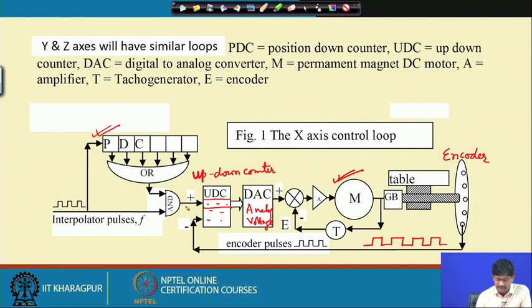So, basically when these two pulse rates balance, like when these two water rates of coming in and going out balance, the level balances. The value of the digital number here inside becomes constant, and that is converted to a constant analog voltage, and accordingly the motor moves at a constant velocity, getting us a constant speed. This is the working of continuous control.